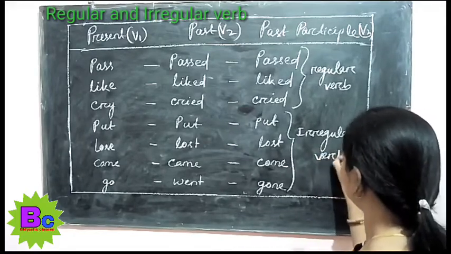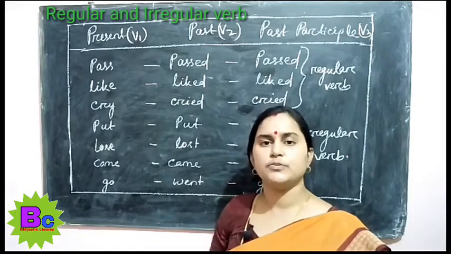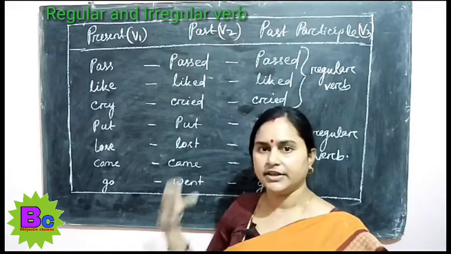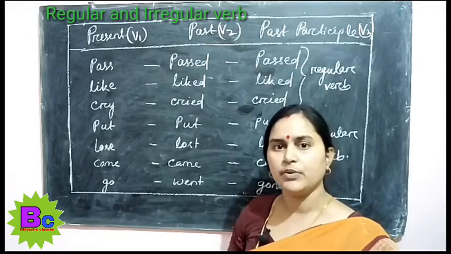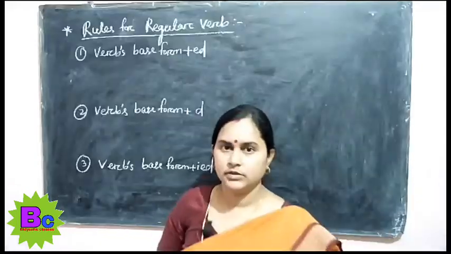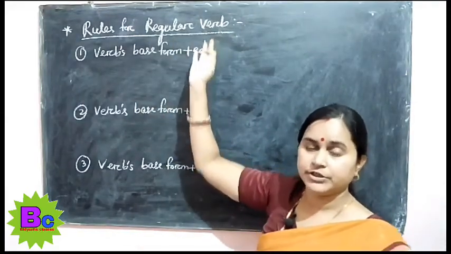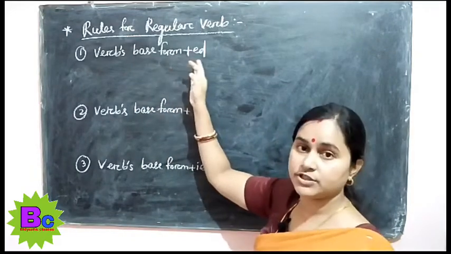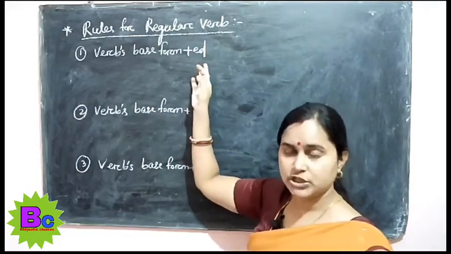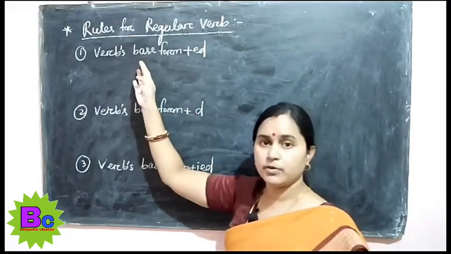Okay. But my dear students, there are some rules regarding regular and irregular verbs. Now I will discuss these rules. So look here, rules for regular verbs. Three rules are there. The first one is verb's base form plus ed. It means we add ed to the base form of the verb.